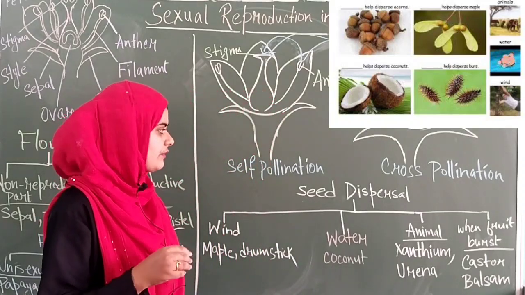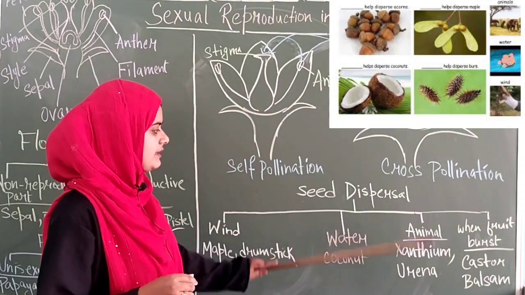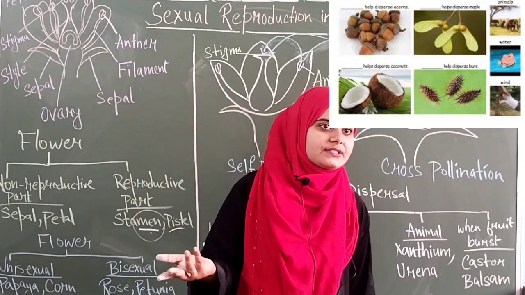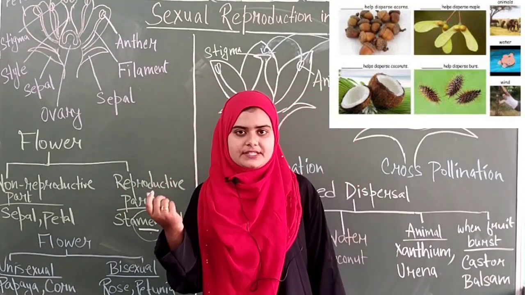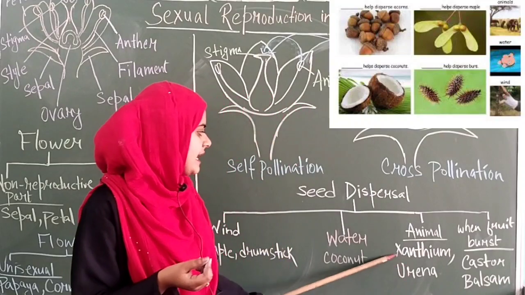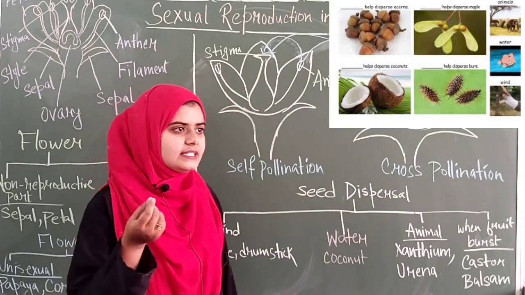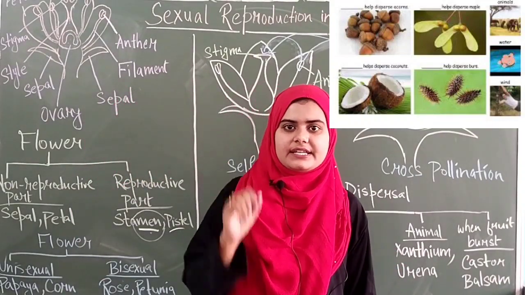The next mode of dispersal is by animals. How will animals disperse seeds? You may have seen the seed of Xanthium strumarium. These seeds are very sticky in nature.